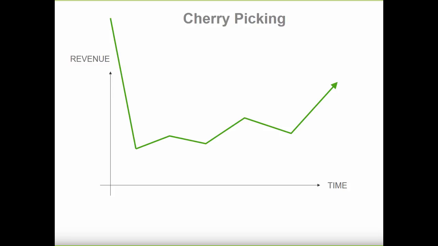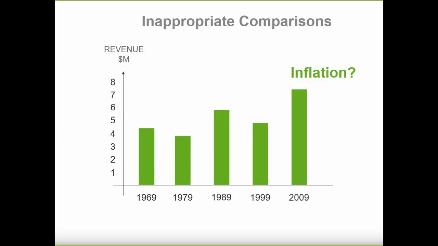So without context, the viewer can interpret only relative features within the data. So you do not want to have exaggeration. Sometimes you might have inappropriate comparisons where you're showing the revenue by year, but you're not accounting for the inflation in this expression. So then it's going to give you erroneous data.